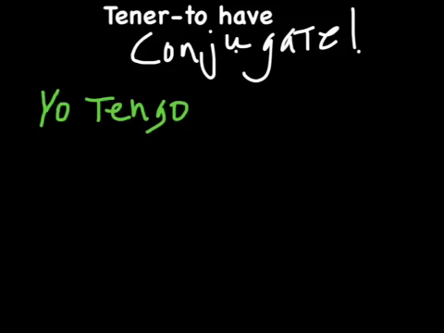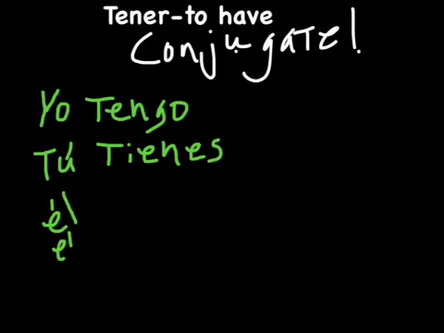Now in the tú form, in the rest of the forms, it becomes an E to IE stem changing verb. So in the tú form, it becomes tienes. And in the él and ella form, it becomes tiene.